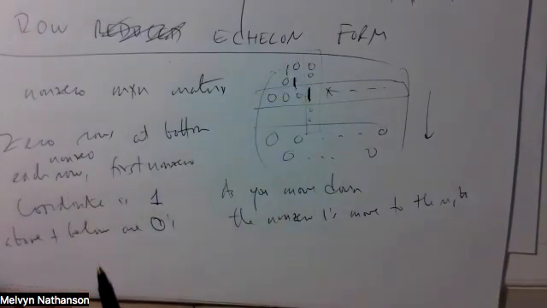That's row reduced echelon form. And the theorem says that through elementary row operations, you can always put a matrix in row echelon form or reduced row echelon form.